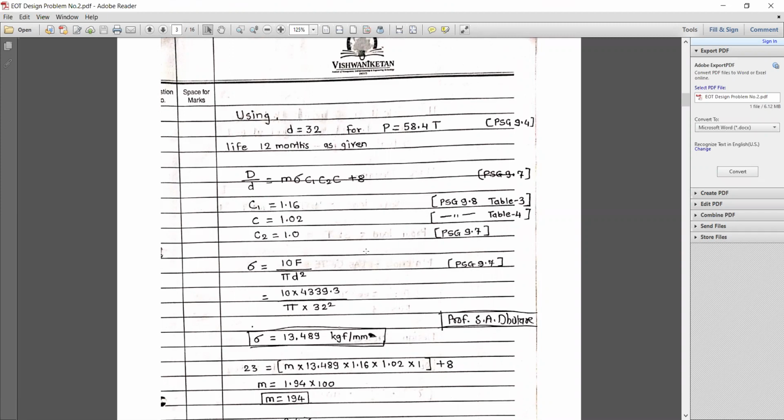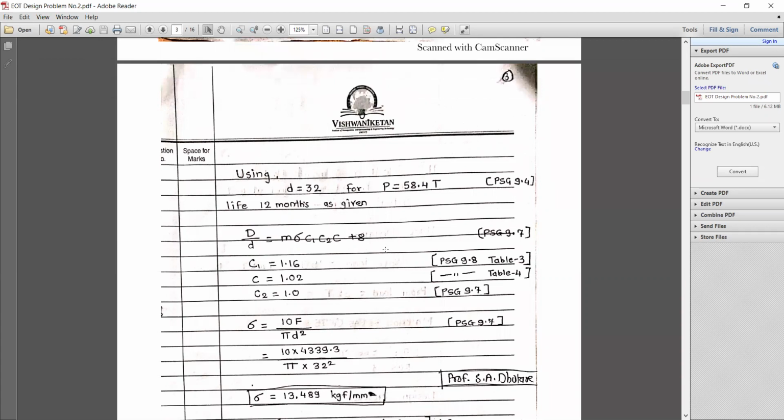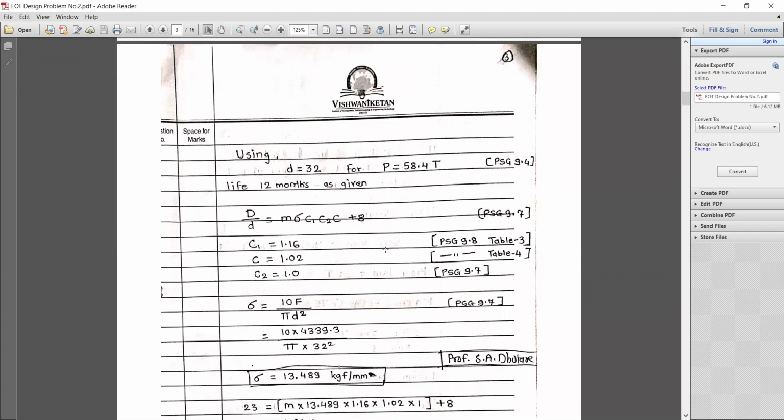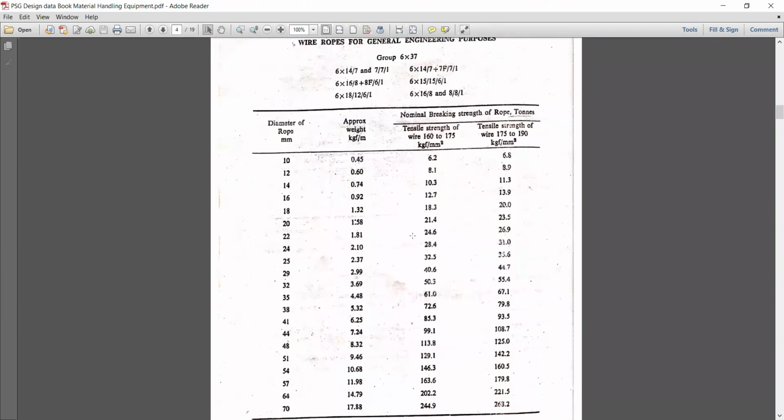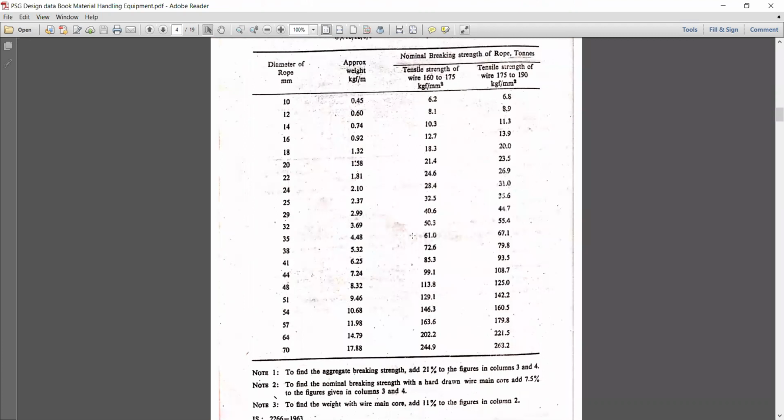Now next one, using d is equal to 32 for P, where we pick d is equal to 32 for P equal to 58.4, referring to page number 9.4. Here, based on the load, we have recognized the diameter of the pulley.